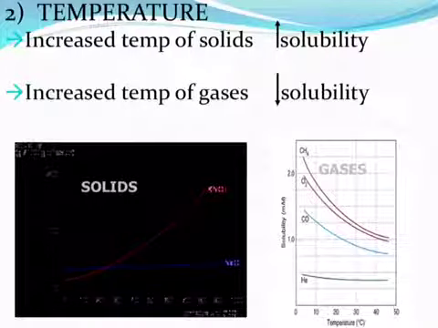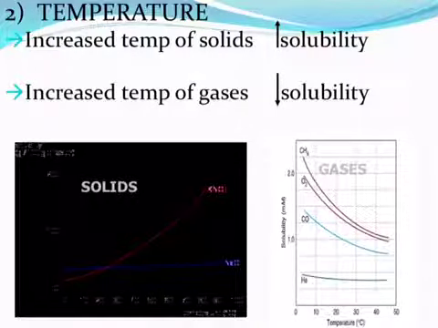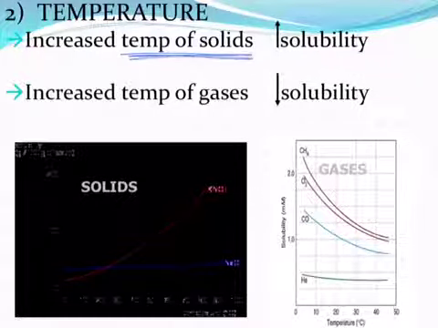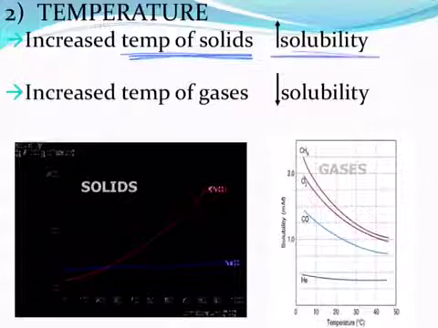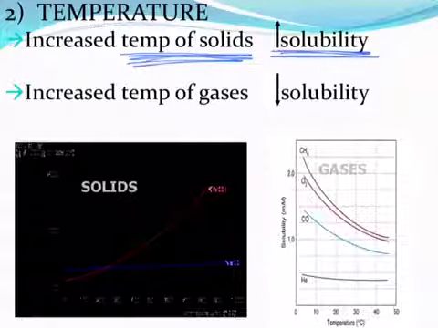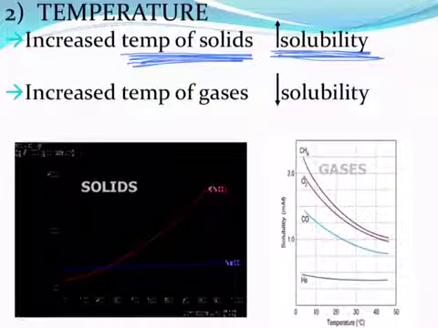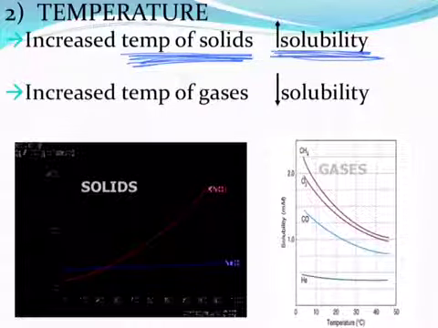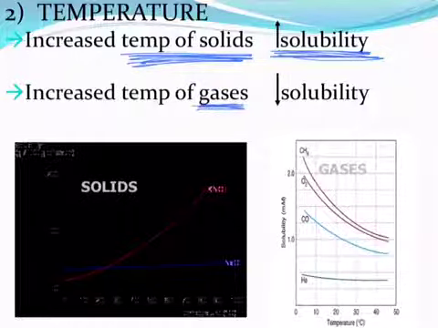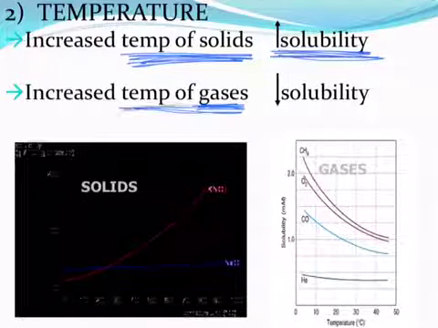And so the last thing we need to talk about, what affects our solubility, is temperature and pressure. So think about temperature. If you make the temperature hot, then it's going to dissolve more. Hot water will dissolve more sugar than cold water. That makes sense. But if we're talking about gases, think about soda. If we made our soda hot, there are less bubbles.